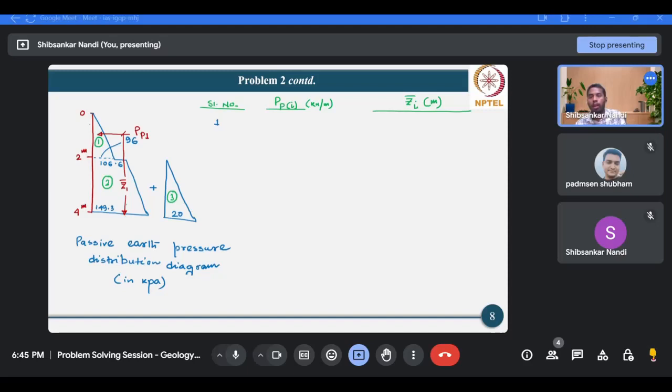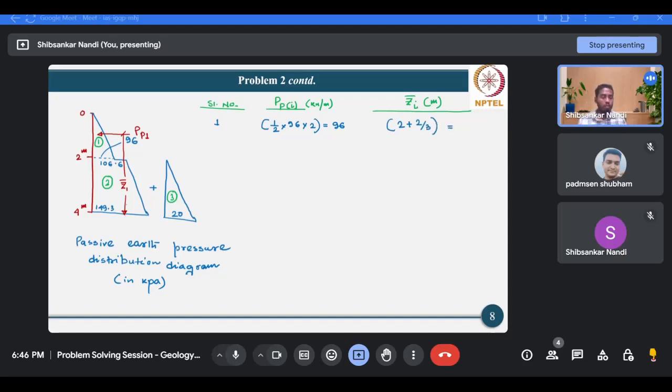So its area will be half into 2 into 96. Okay, so that means it's 96. Now coming to the second component. Simultaneously we'll calculate the ZI bar also. So it will be your 2 plus 2 by 3.